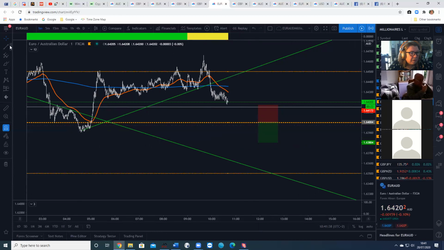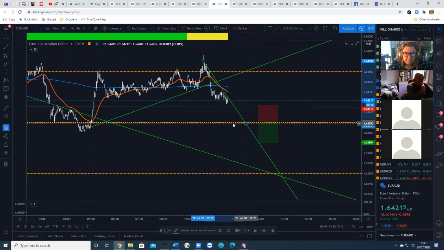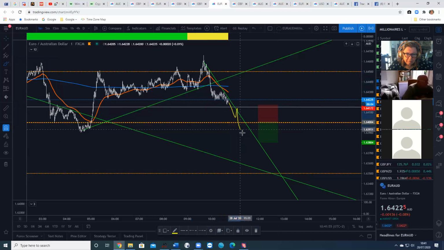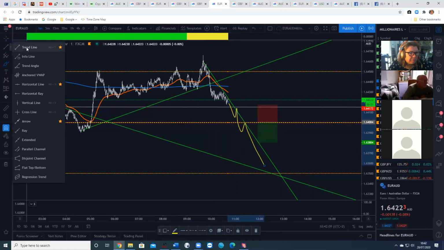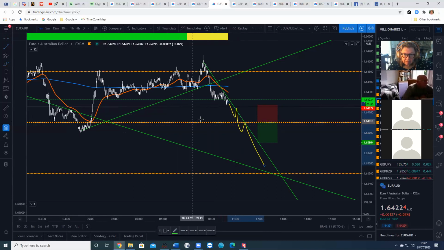And sorry about all the lines on this one. So we're looking for it to go to that and then down. And I'll put an alert on and watch it when it comes through there.